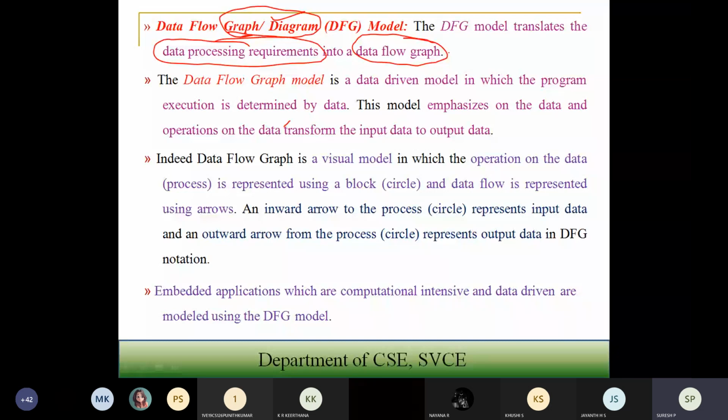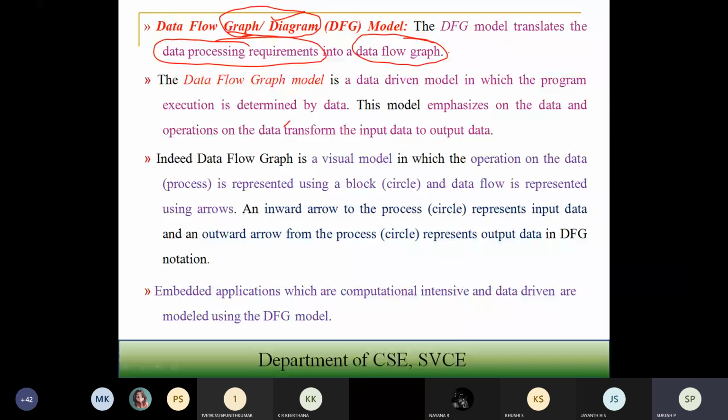Now, the data flow graph model is basically data driven. What do you mean by data driven? If that particular graph has to work, it requires the data. That model executes the program depending upon the data; the program execution here is determined by the data.